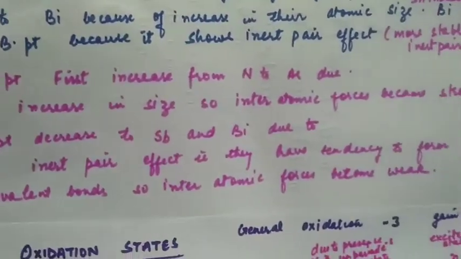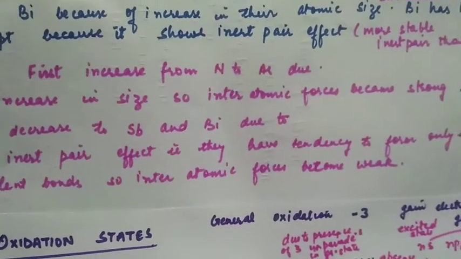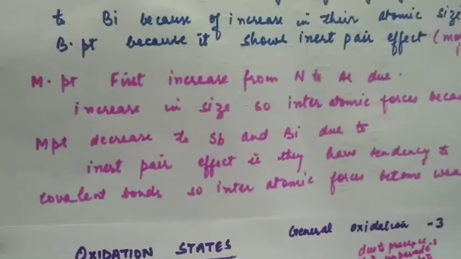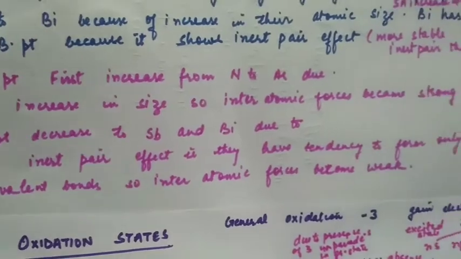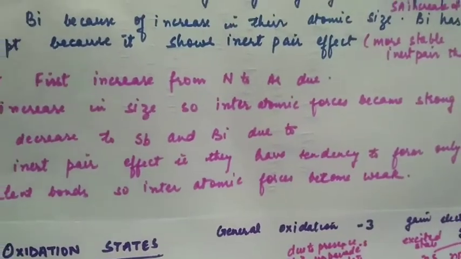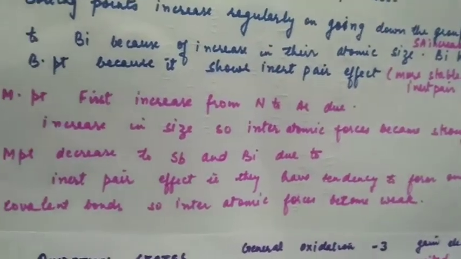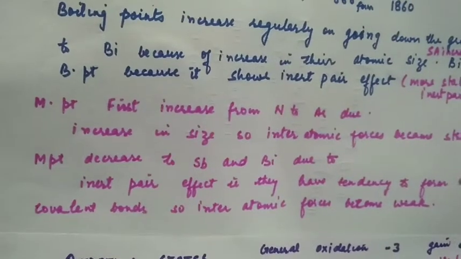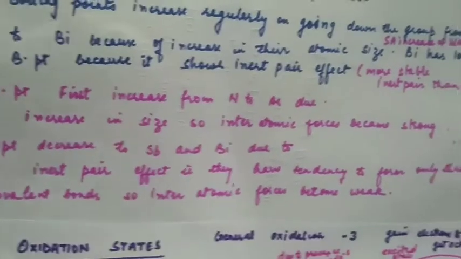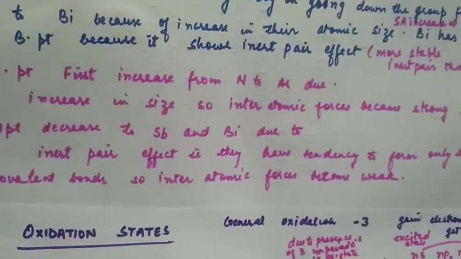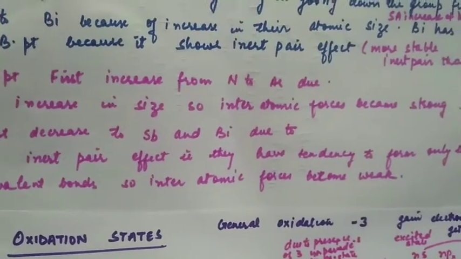Melting point first increases from nitrogen to arsenic due to increase in size, so interatomic forces become strong. Then the melting point decreases in antimony and bismuth because the inert pair effect comes into play.